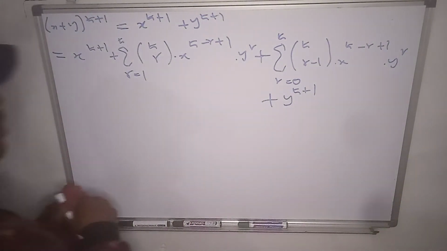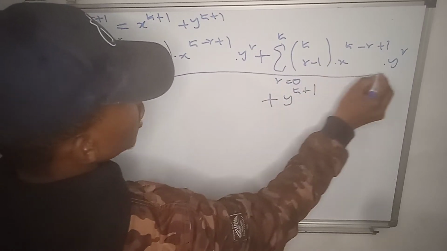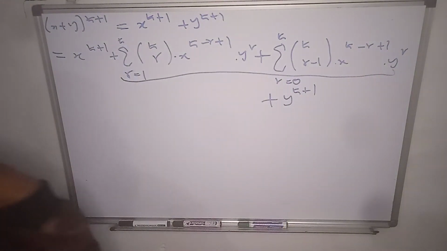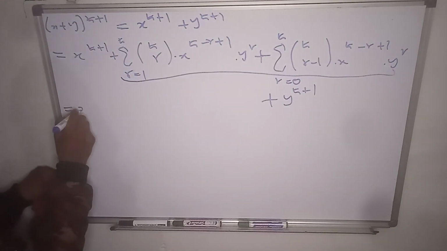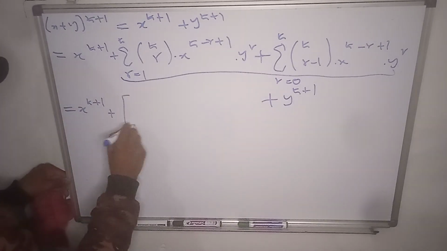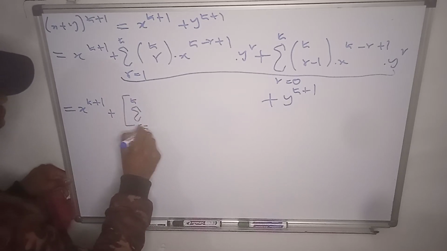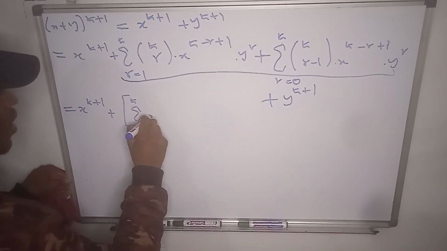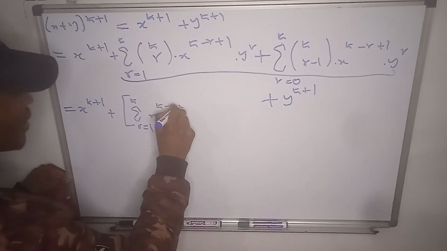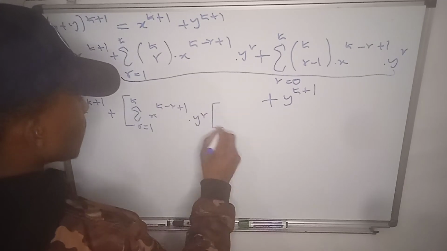But we can check this part here, the whole of it, and try to factorize it. So we are going to have x^(k+1) plus, but we see that the summation of r equals 1 to k, x^(k-r+1) times y^r is a common factor.